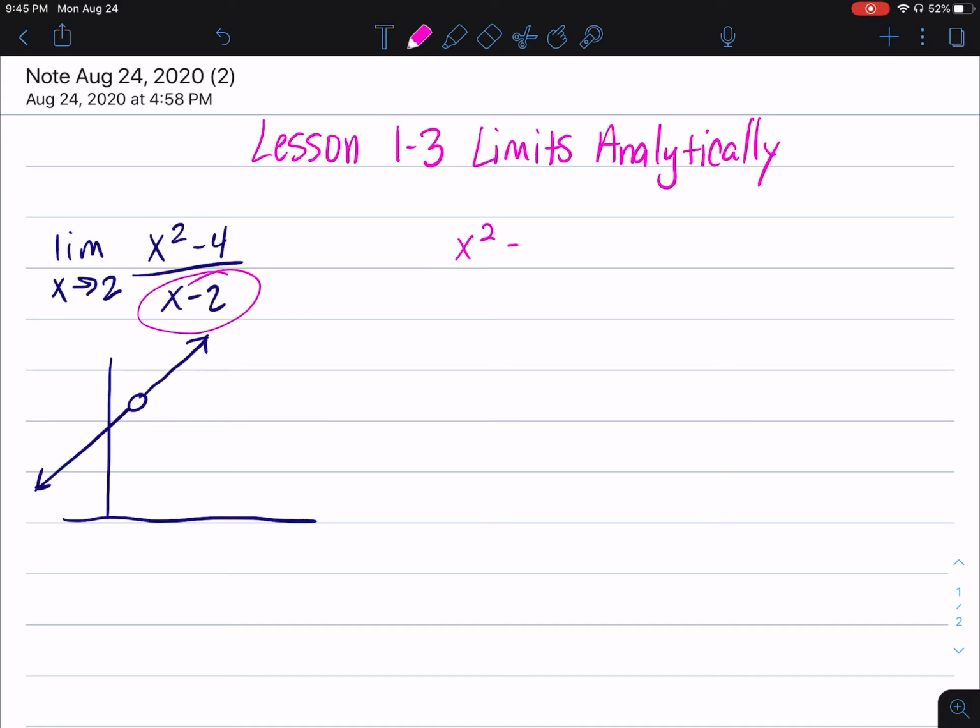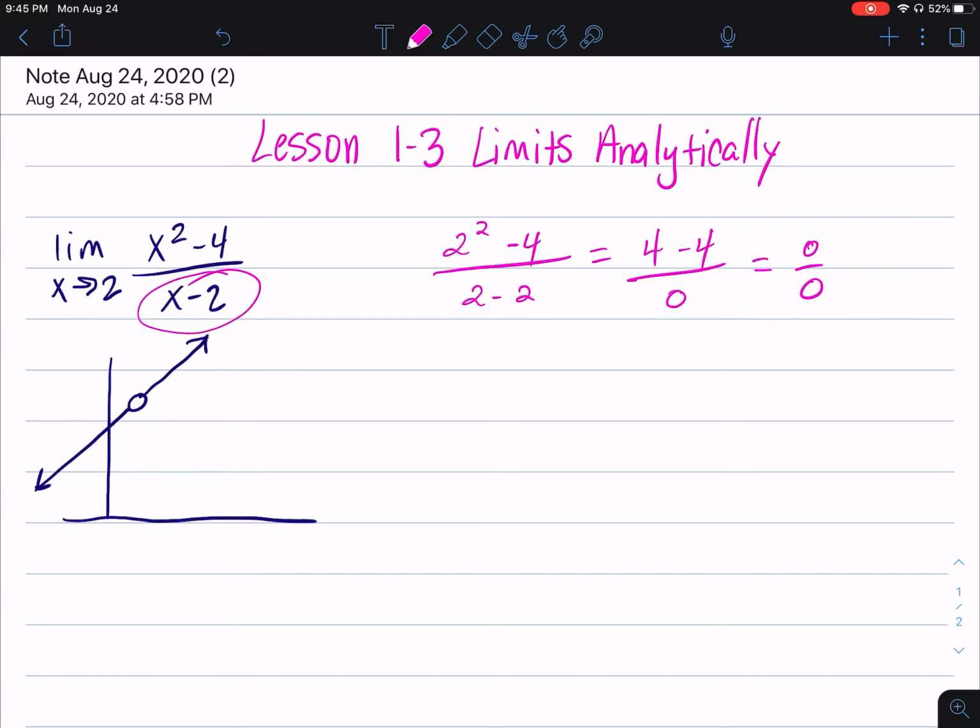So if I were to plug in 2 where my x's are, what am I going to get? So 2 squared is going to be 4, and then 2 minus 2 is going to be 0. So we're going to end up with 0 over 0.